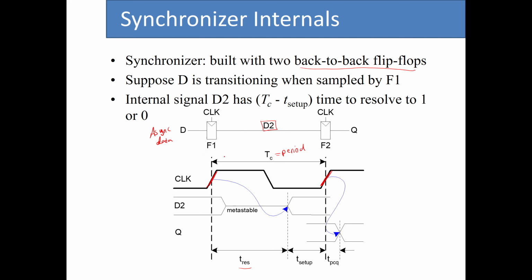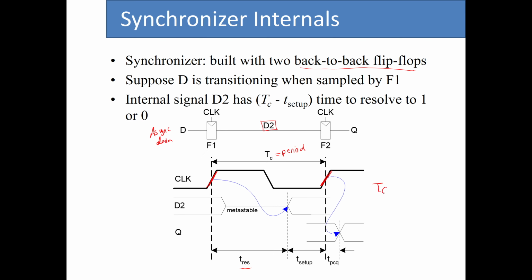But for us to be able to capture the true data in the second flip-flop, we need the input of the second flip-flop to be stable at least T setup time before the next rising edge of the clock. So internal signal D2 has Tc minus T setup time to resolve to either 1 or 0.